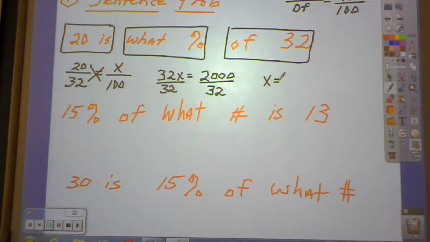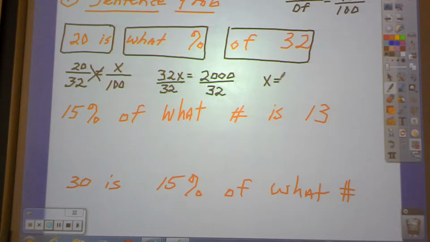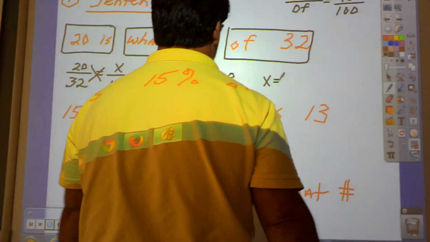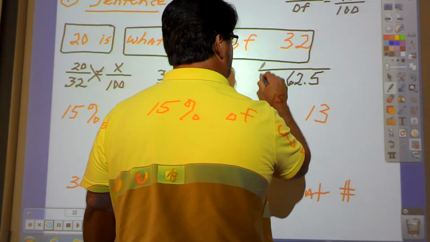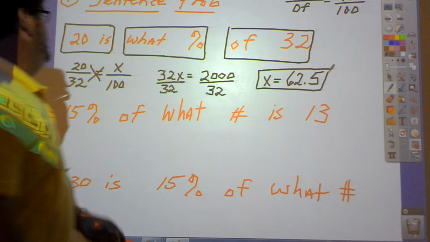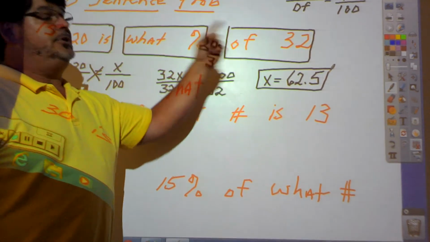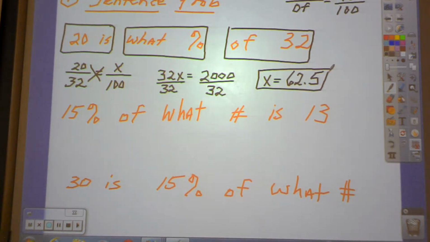That's what I'm getting. 0.016. 2,000 divided by 32, I'm sorry. 62.5. I did it backwards. I'm sorry. So 20 is 62.5% of 32, or 63%. Okay, so you just figured out how to do that one.